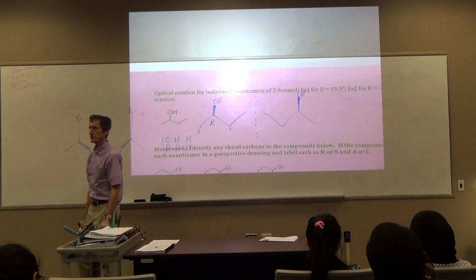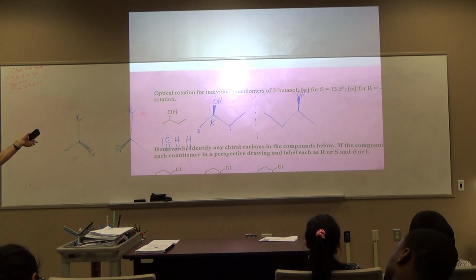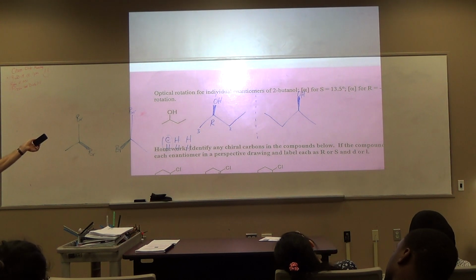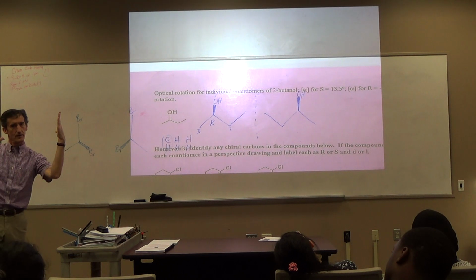Does everybody agree it's a mirror image? Okay, I bet you a steak dinner, the other one's S. How do I know that? Because the mirror of R is, guess what? S. The mirror of my right hand is, guess what? The other one. The other configuration is possible.